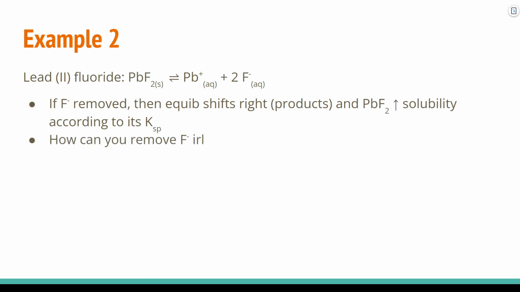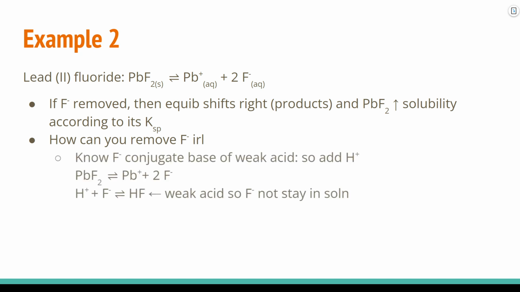So how can I remove that fluoride ion? We know that the fluoride ion is a conjugate base to a weak acid. So if I add H+ to it, I can make this weak acid.